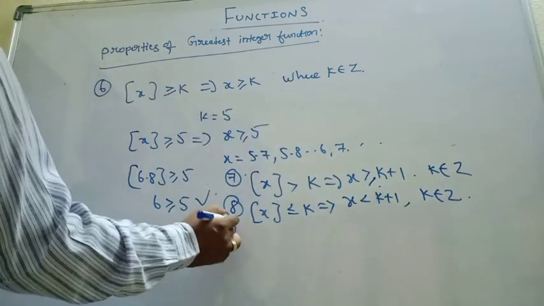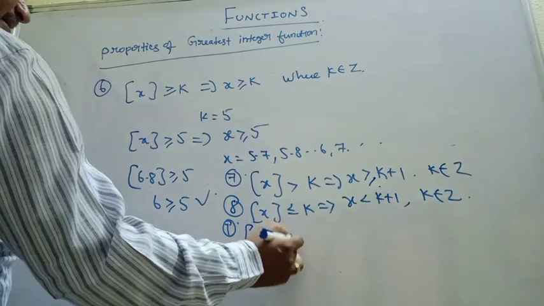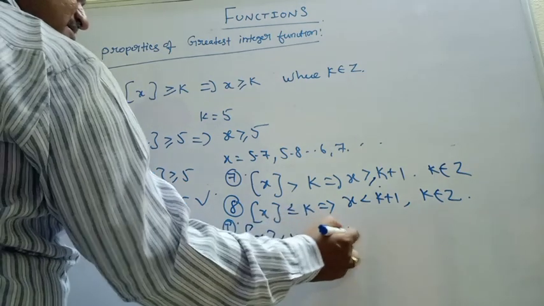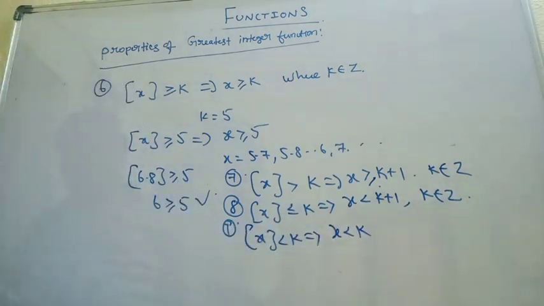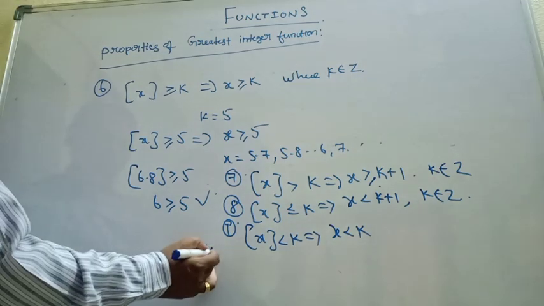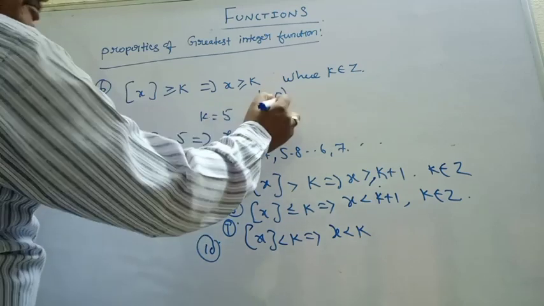And the ninth property you have here: floor x is less than k, then x is less than k, where k belongs to Z. Like that we have now the 10th property also. We will write here because a good amount of space is here.